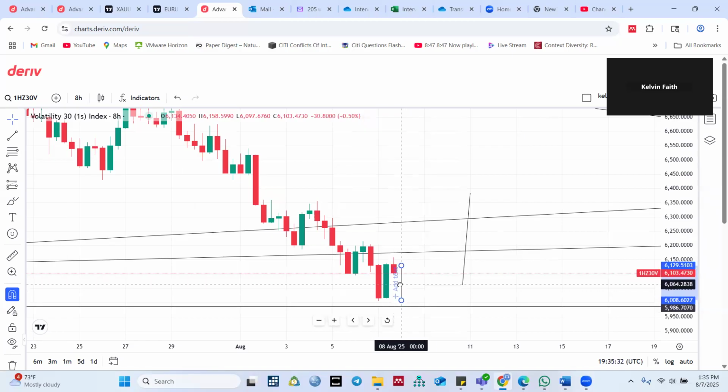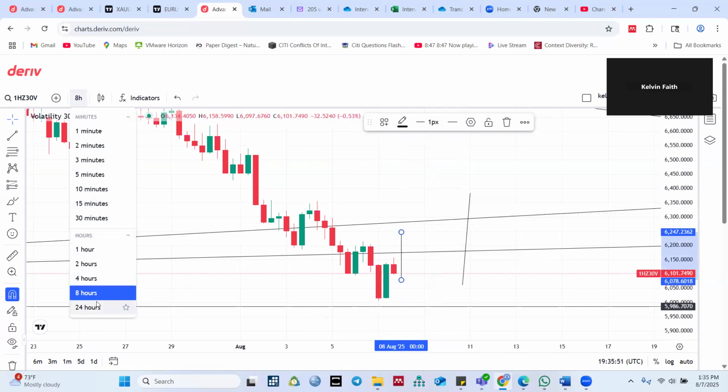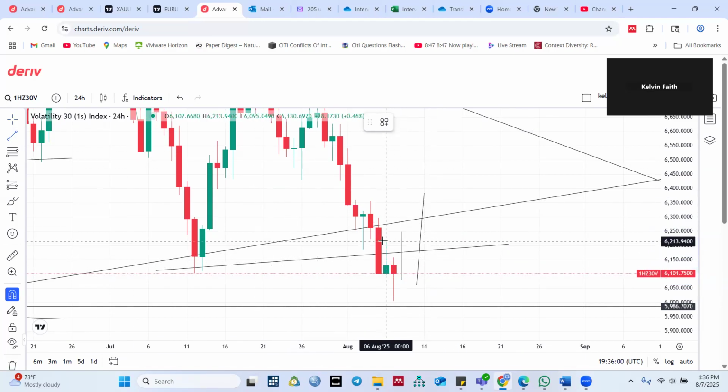But if this 8 hour candle pushes up and then closes above this area, it means that the 8 hour candles have engulfed this pattern here. And this is an engulfing candlestick pattern. Which means on 24 hours or on daily time frame, we would have had this daily candle closing above yesterday or previous candle.